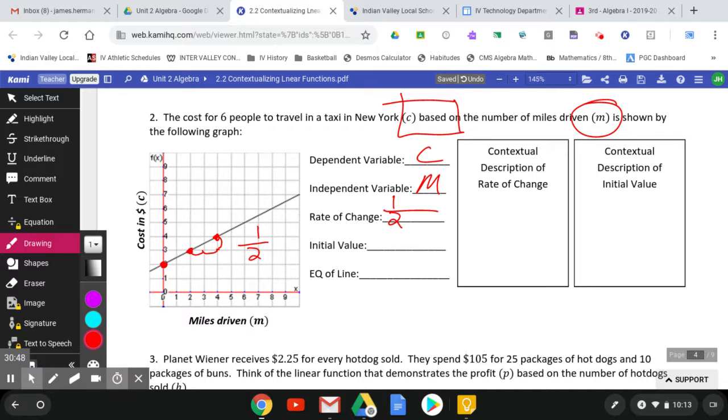It rose 1 what? Dollar over 2. $1 for every 2 miles. Now you see how I'm bringing back what you asked in the last one. Okay, so our slope's not always going to be over 1. Okay, we'll come back to that when we get to the context.